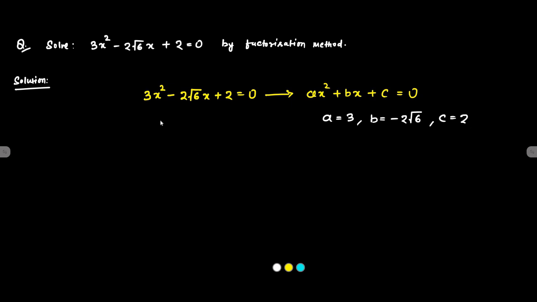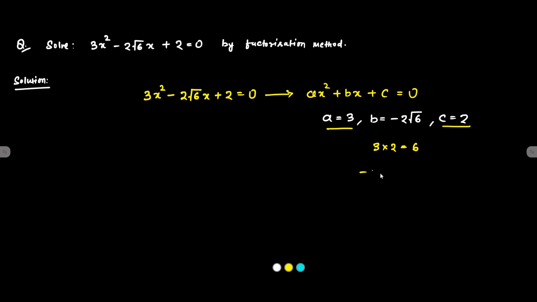Okay, so here what we have to do is split this middle term in such a way that the product of the split terms is equal to the product of the two extreme terms. So the product of the two extreme terms is 3 into 2, which is equal to 6. So how can we split this middle term?